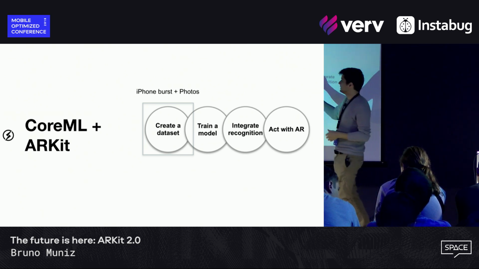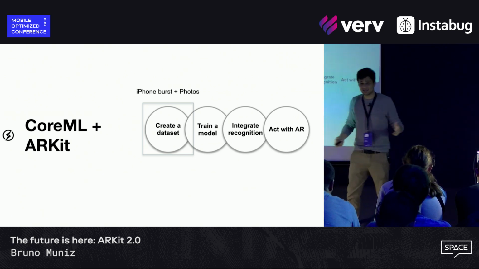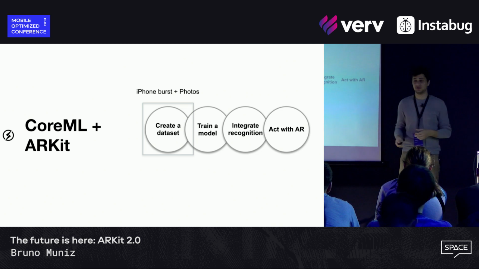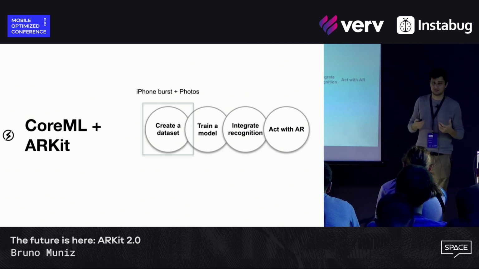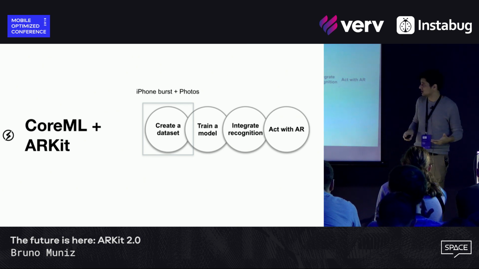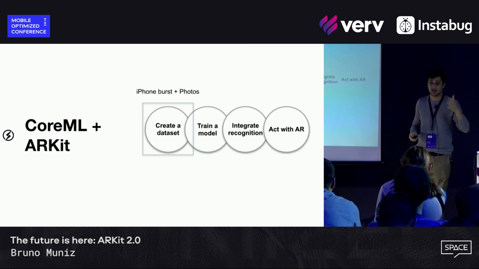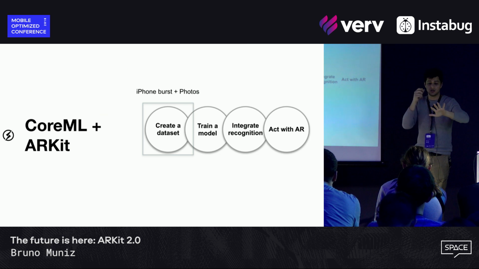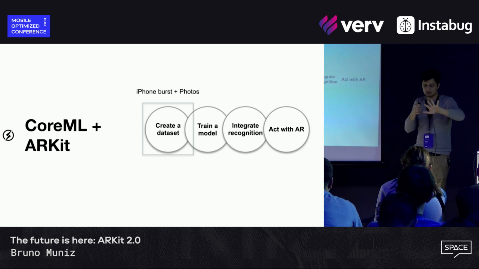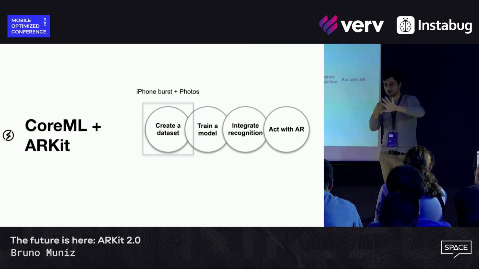One way that I did this to create a dataset, because datasets can be very annoying if you want to make them more precise, you have to take a lot of pictures, like a lot. So one way you can do this is using the iPhone burst. Basically, you hold the camera button to shoot the photos, and you take like millions of photos.